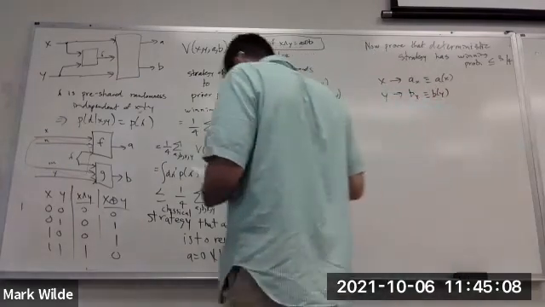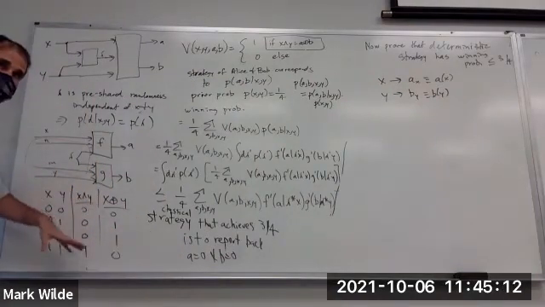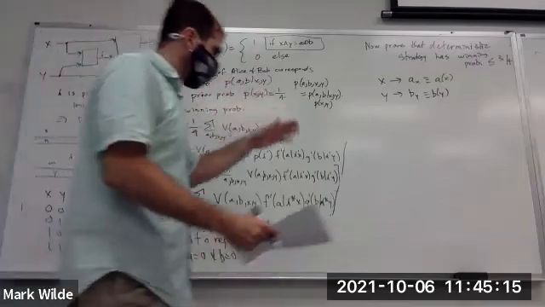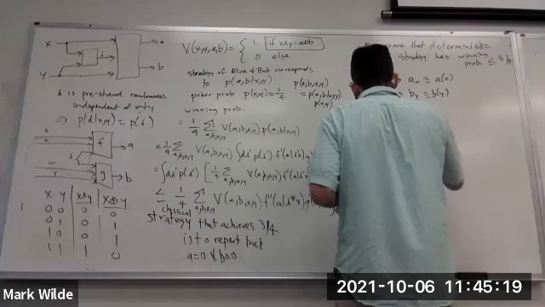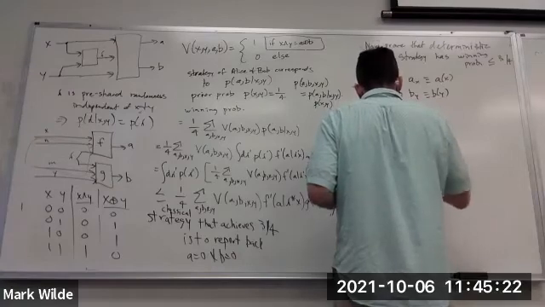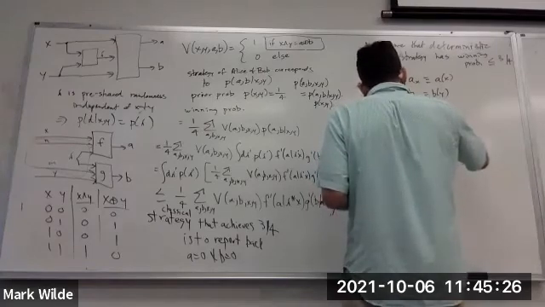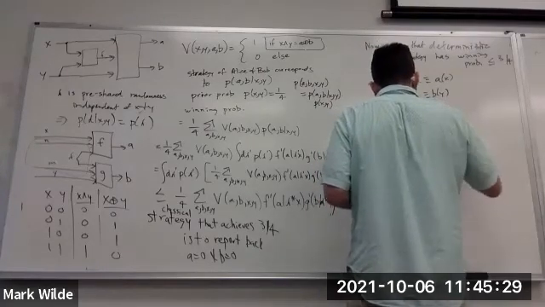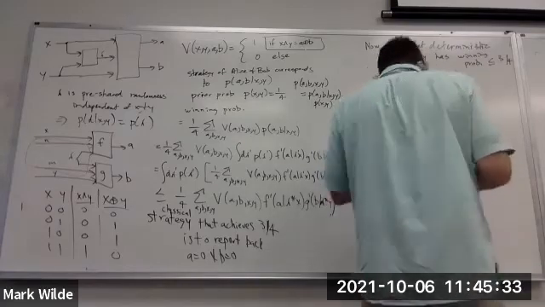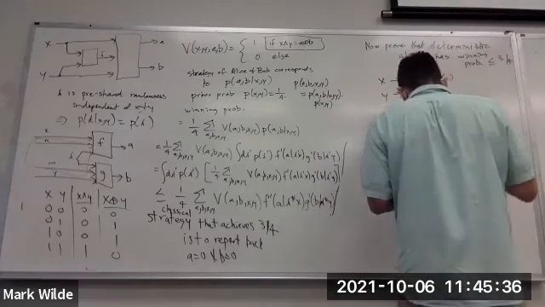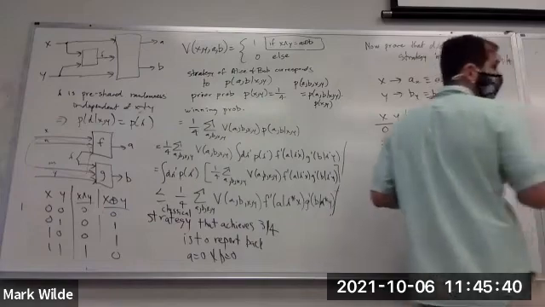All right. Now let's enumerate a truth table for a deterministic strategy. The inputs X, Y are 0 0, 0 1, 1 0, 1 1. Now this last column is A(X) plus B(Y).